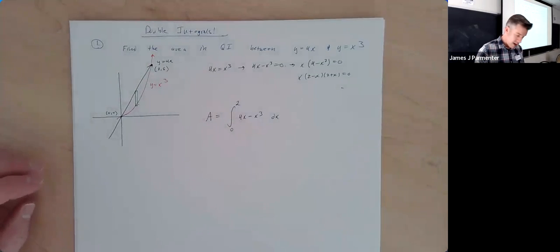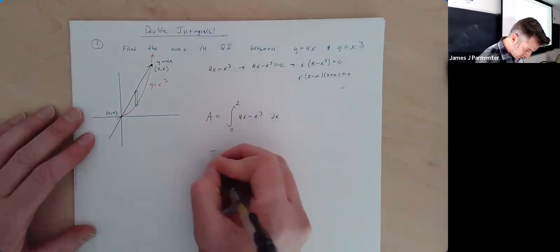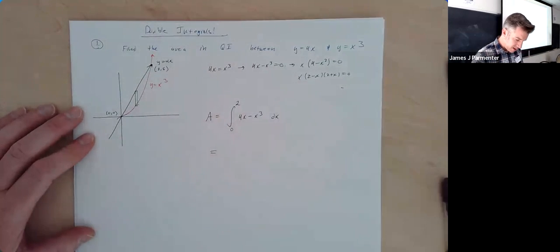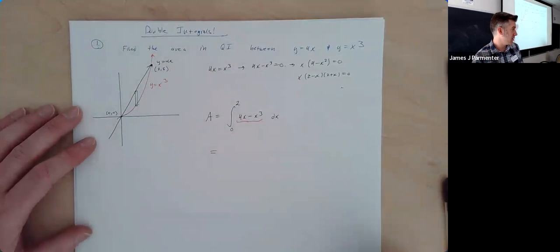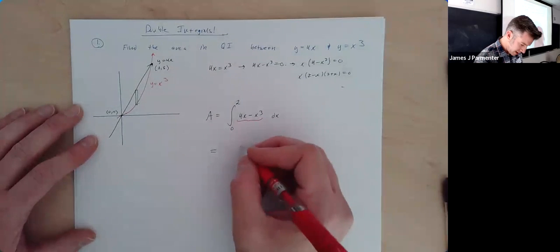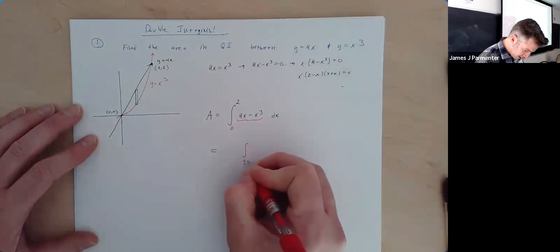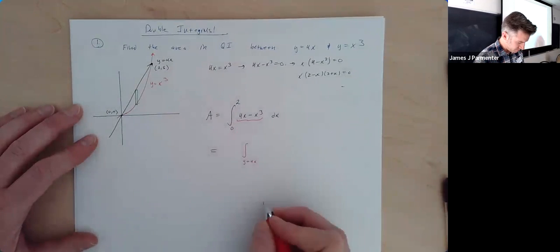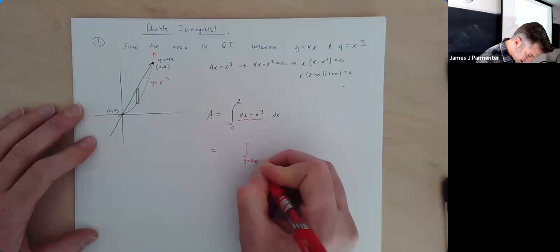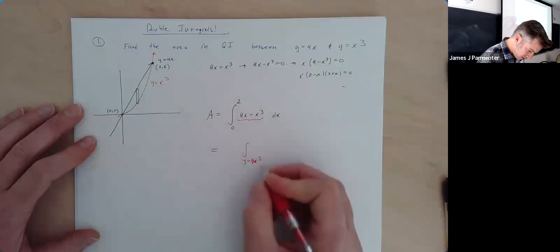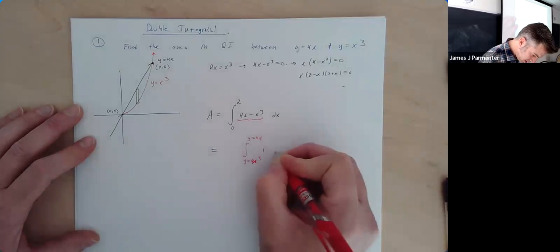So we can say that this is equal to, basically the idea is we can write this inner part here as an integral itself. That inner part is the integral from y equals, sorry, bottom to top, not top to bottom, y equals x cubed to y equals 4x of 1 dy.